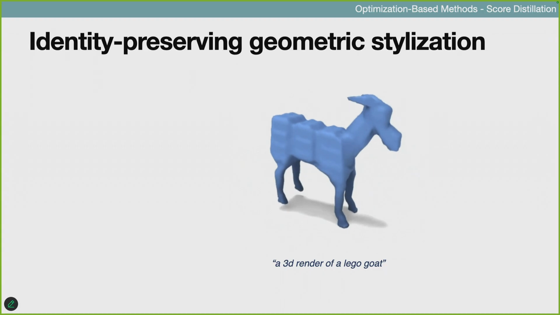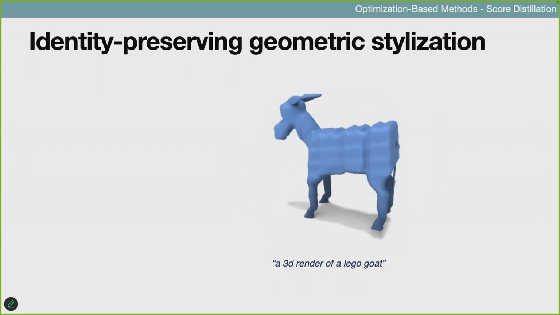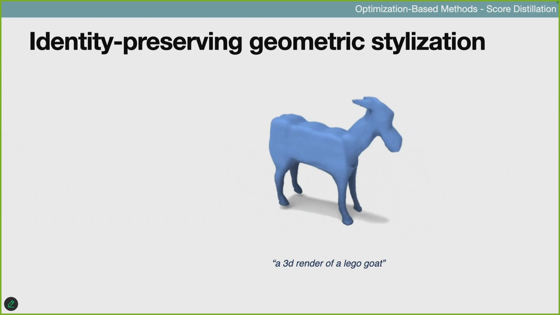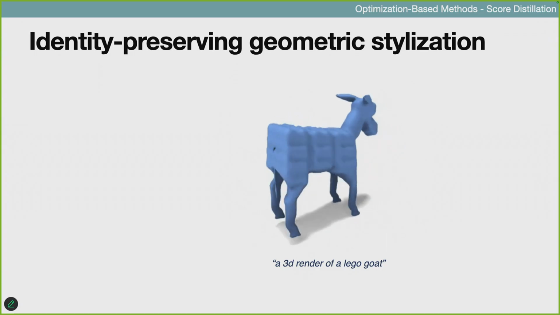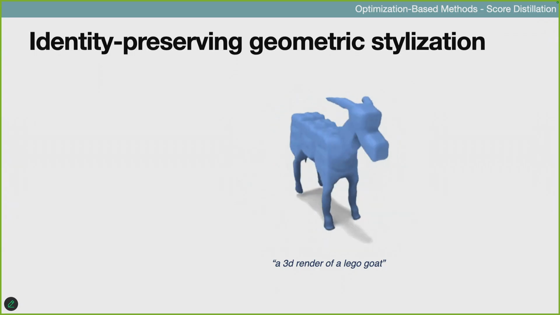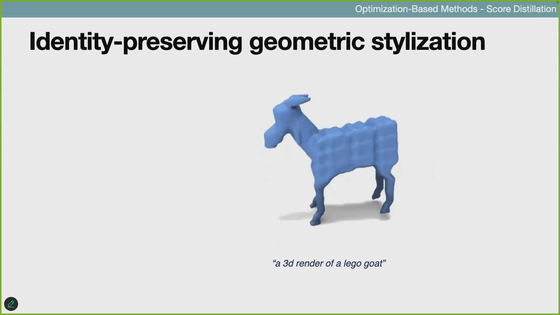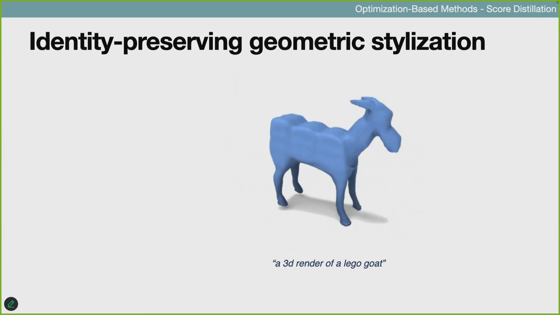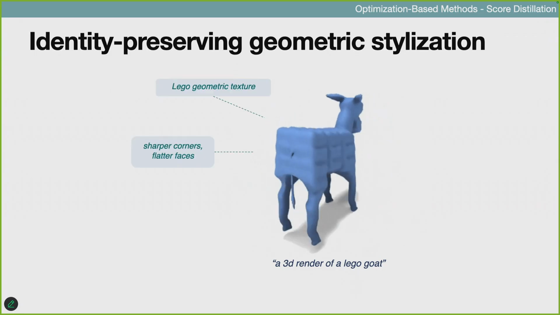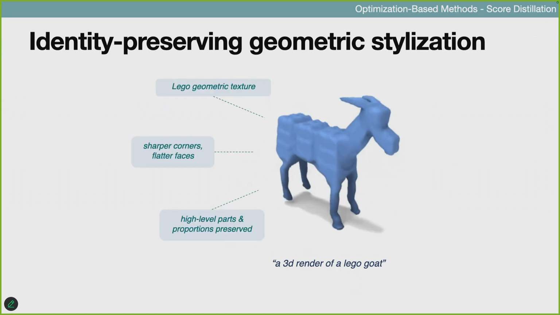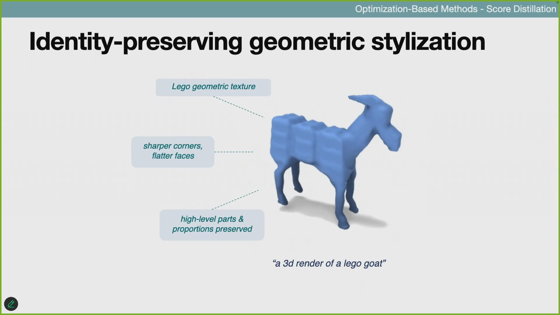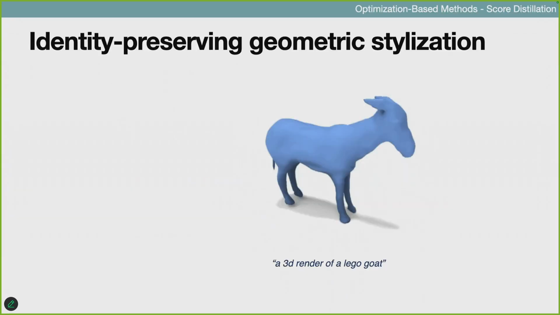You can think of it as imparting medium to high-frequency detail onto geometry, which may include high-frequency geometric texture, like the Lego texture, but also medium-frequency sharp features, flatter or more curved surfaces, more far-reaching than just bump mapping or displacements along the normal, while still retaining the high-level structures of a shape, with no massive change in pose or parts. How did we get to this idea, and how do we do this?